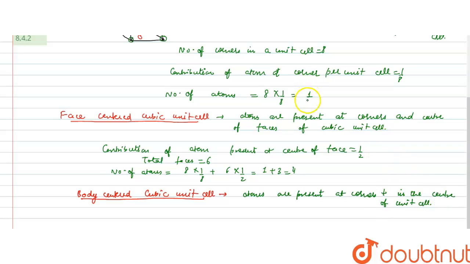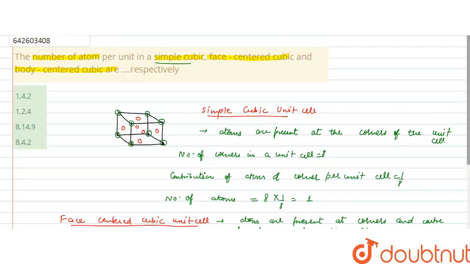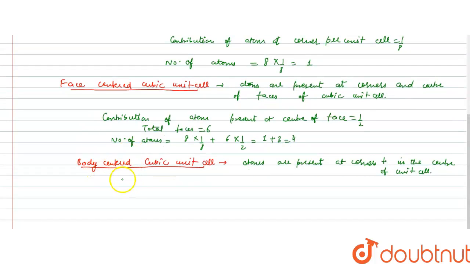The corner atoms will contribute a total of 1, because 1 by 8 into 8 is the contribution of the corner atoms, and one atom is present at the center of the unit cell, so it contributes fully to the unit cell, as it is shared by only a single unit cell. It means 1 plus 1 is equal to 2. So the total number of atoms in a body-centered cubic cell will be 2.